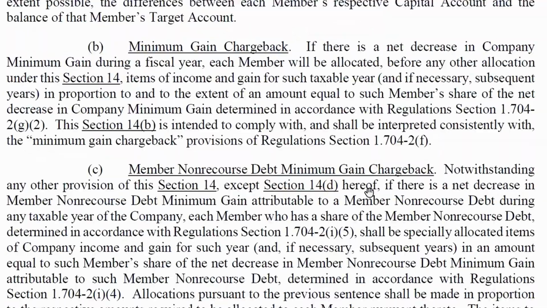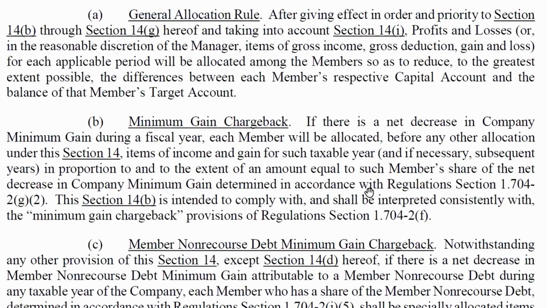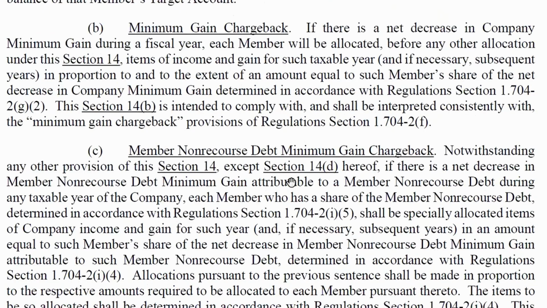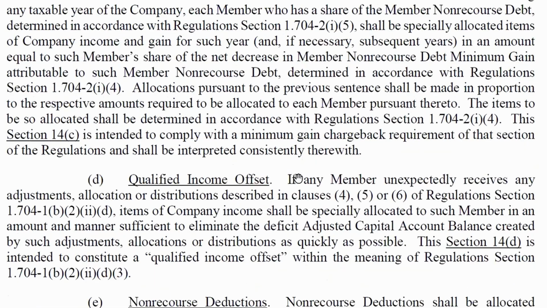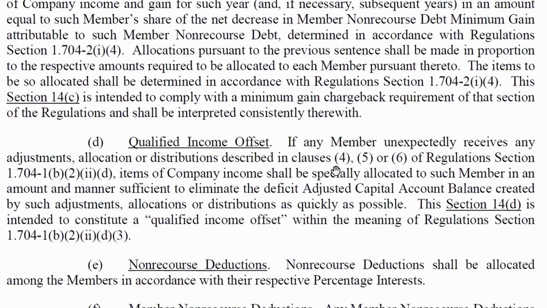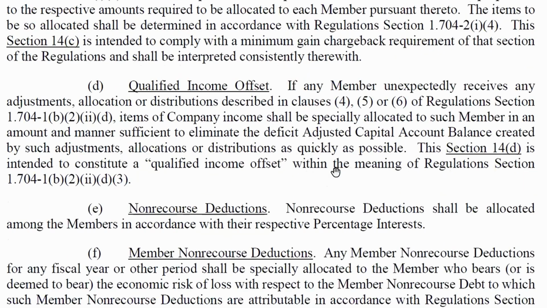Okay, so with respect to what I call boilerplate, minimum gain chargeback, non-recourse debt minimum gain chargeback, qualified income offset, non-recourse deductions, member non-recourse deductions, here's where you know you're in bounds: as long as income and loss is allocated pursuant to the rules of the operating agreement.